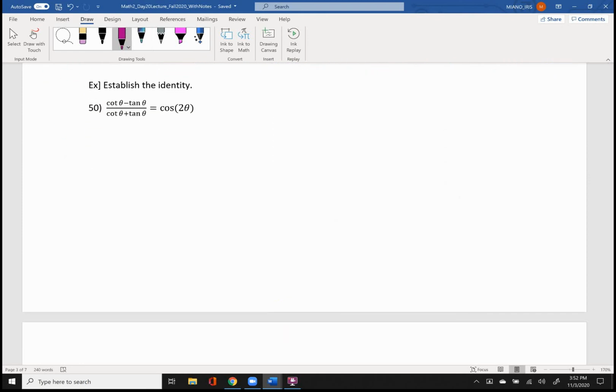So much fun. All right, so here I'm going to focus on the left-hand side, which has more going on, more complex. I'm going to start by reassigning cotangent and tangent as the cosine theta over sine theta and sine theta over cosine theta, that they can be redefined as using that particular rational identity.